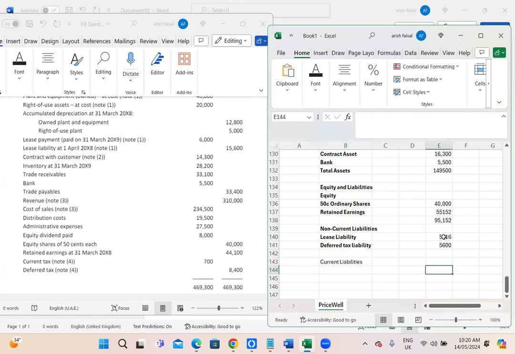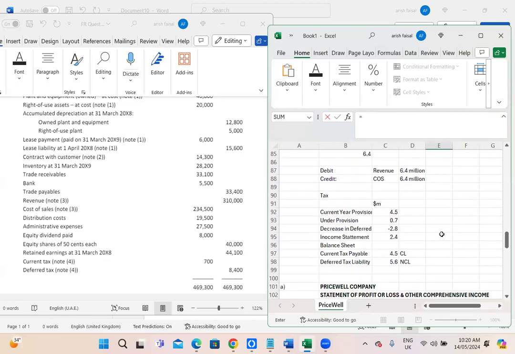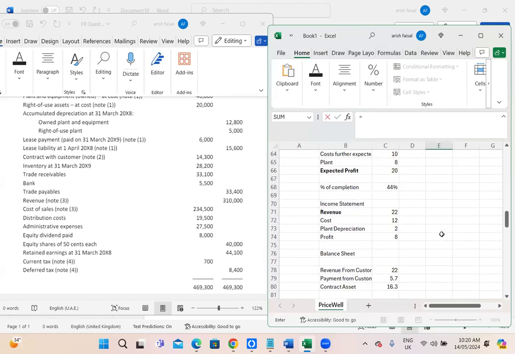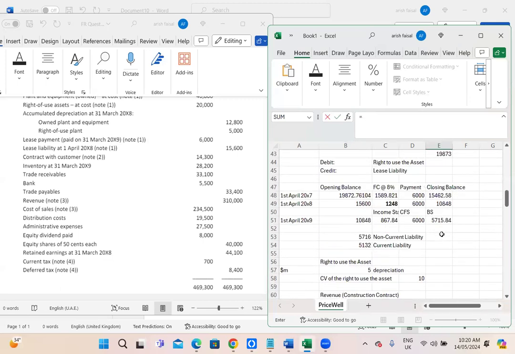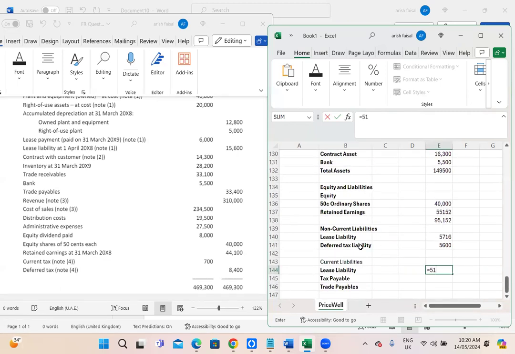And as far as your current liabilities are concerned, you have your lease liability, your tax payable, and your trade payables. Lease liability, again, we can go back to the working. It is basically 5,132. So here we bring 5,132.